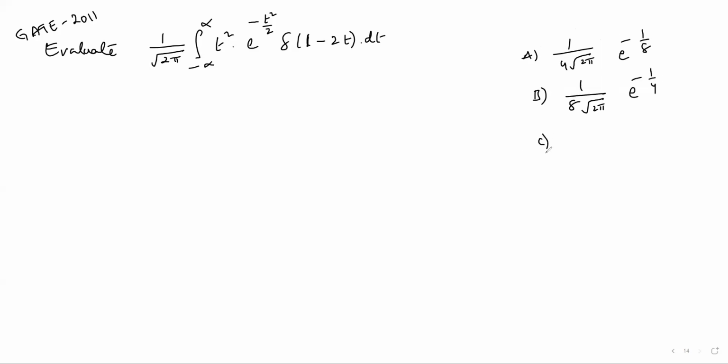Option C has given 1 by 8 root 2 pi e to the power of minus 1 by 8. Option D has given 1 by 4 root 2 pi e to the power of minus 1 by 4.